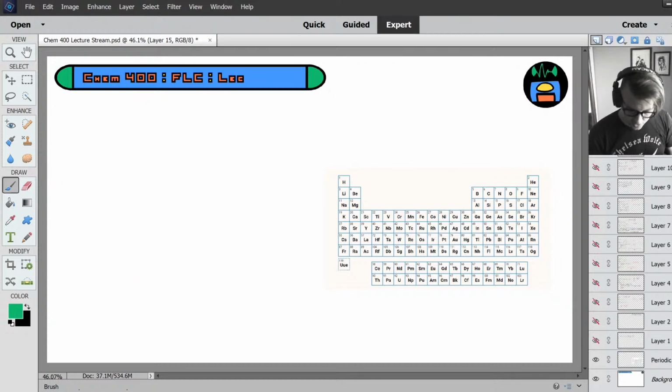All right, let's take a look at ionization energy.